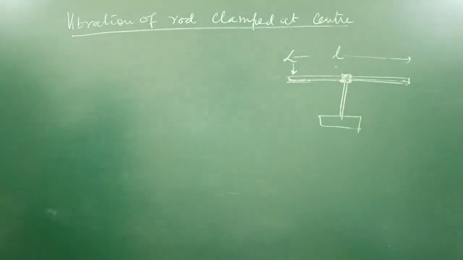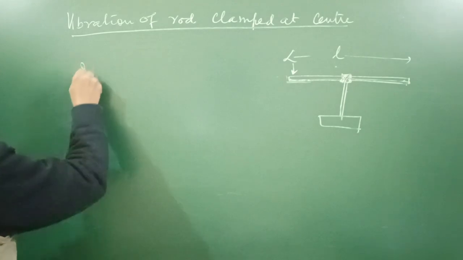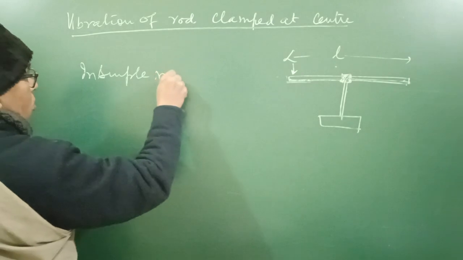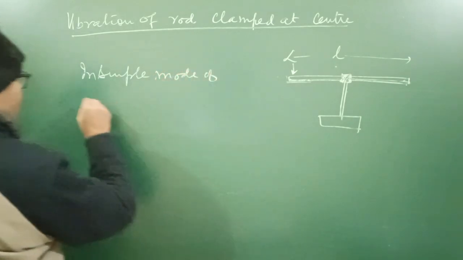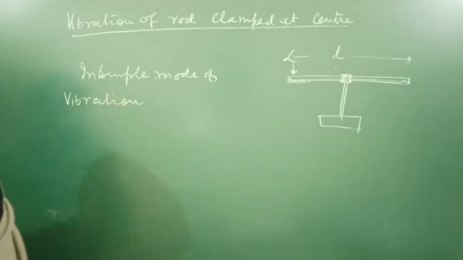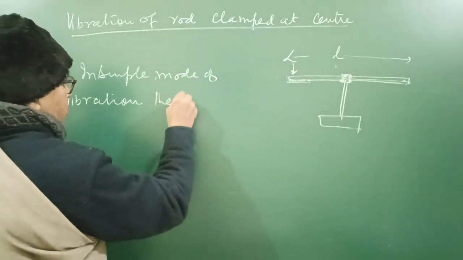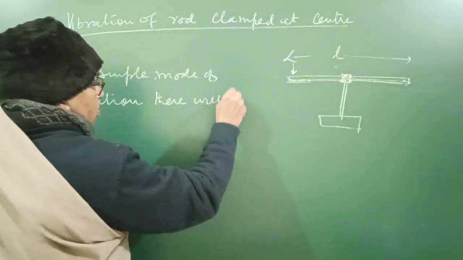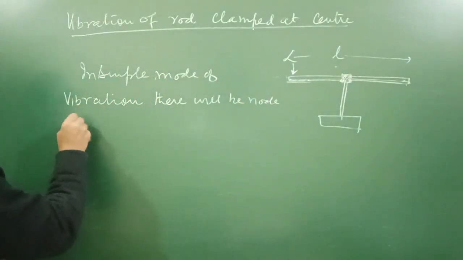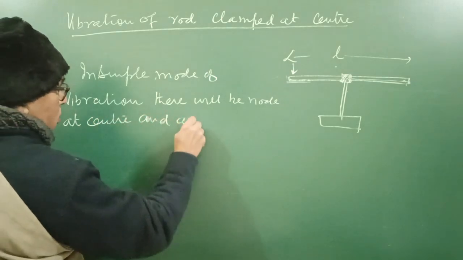Center is rigid. So, in the simplest mode of vibration, there will be a node at center and antinodes.